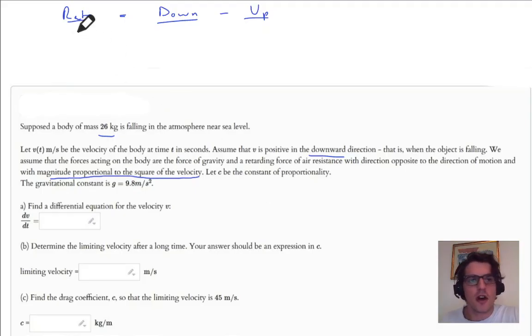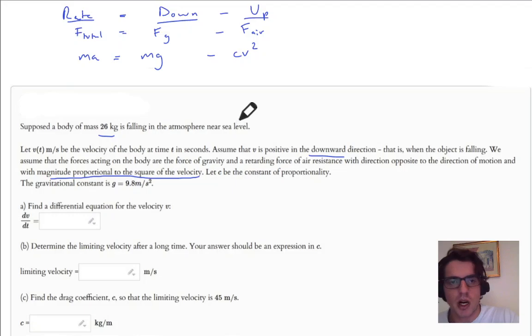So if we follow what we did last time, we have F total equals Fg minus F air. And this was ma, mg. And last time this was cv. But this time we're saying it's proportional to the square of the velocity.